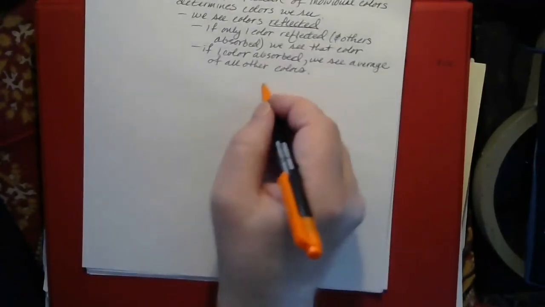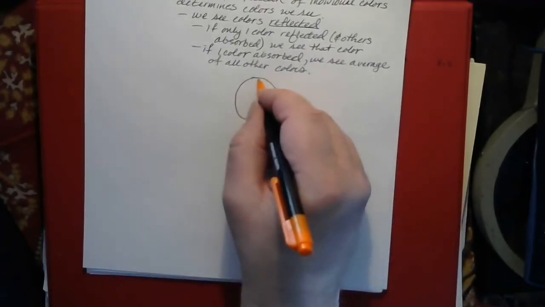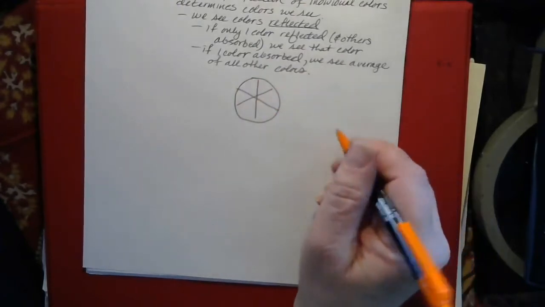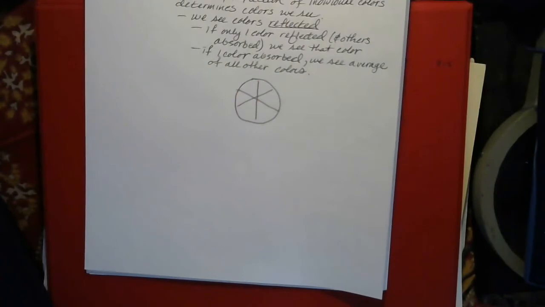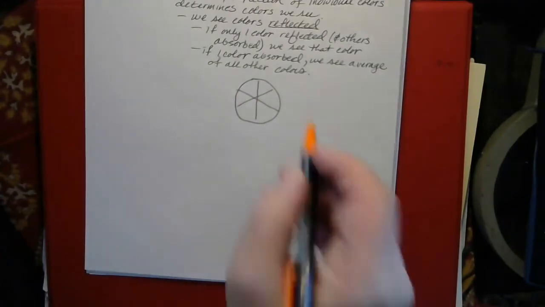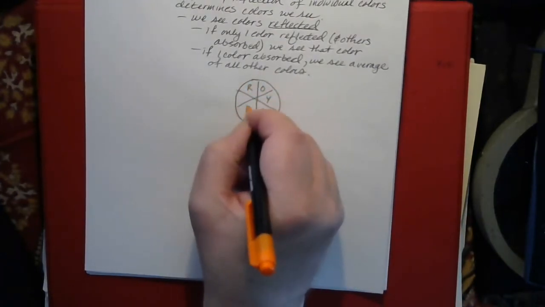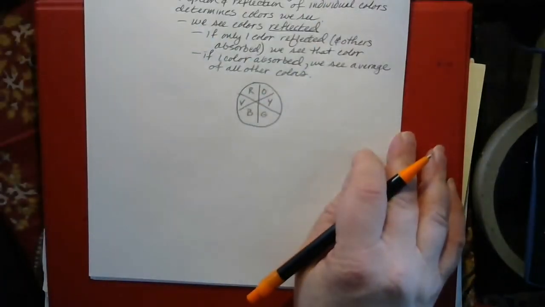And for that, we can consult what's known as the artist's color wheel. That is a wheel that's divided up into spaces, and each segment of the circle corresponds to one of the colors in the visible spectrum. Poor indigo gets left out. But anyway, red, orange, yellow, green, blue, and violet.